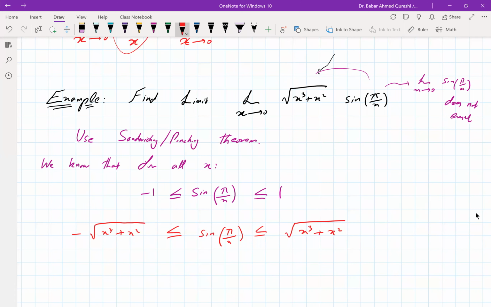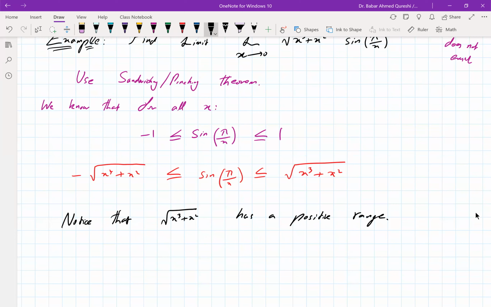Notice that it has a positive range, because that's how it's defined. It's only defined for those values. The domain is when x cube plus x square has to be greater than or equal to 0.